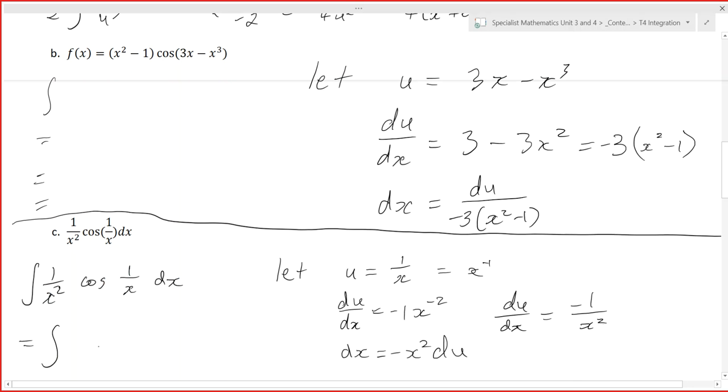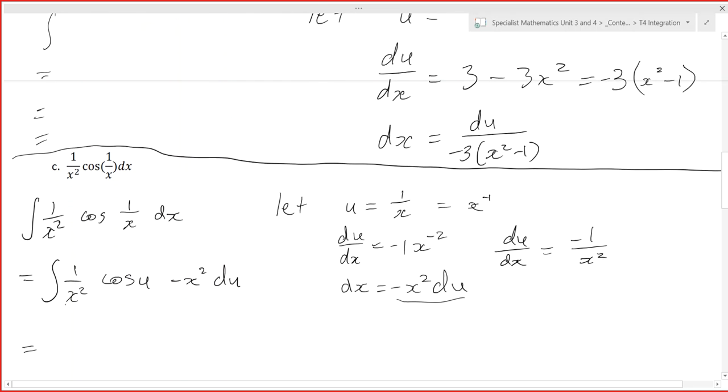So let's substitute in now. We're going to sub in, this bit is u, and we're going to change the dx to this. So this becomes negative x squared du.